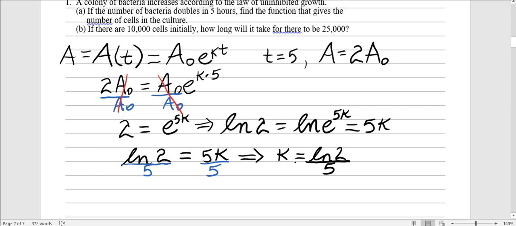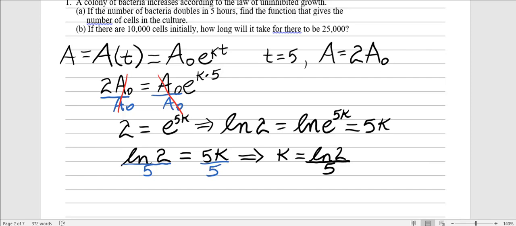And notice how important it is to write this carefully so that the ln is above the fraction bar. Notice that would be completely different than if I wrote this. So this means the input to the log is 2 over 5, which is different from taking the natural log of 2 and then whatever that number is, dividing that by 5. So make sure you write with care so that you write things correctly.